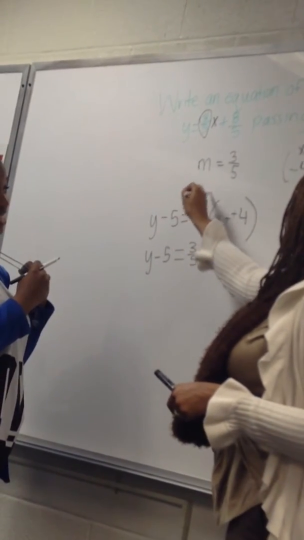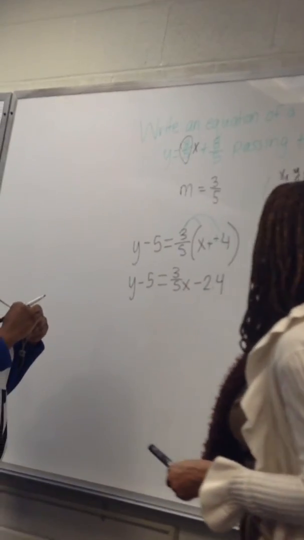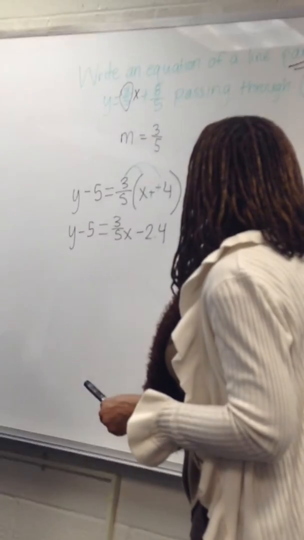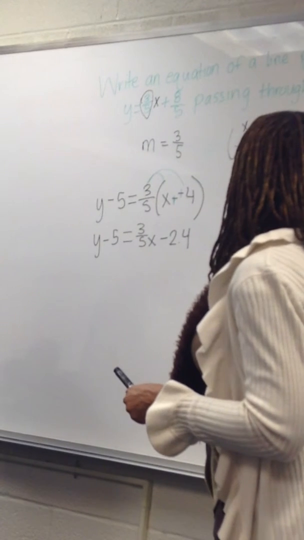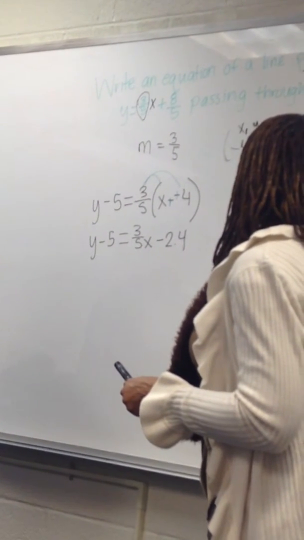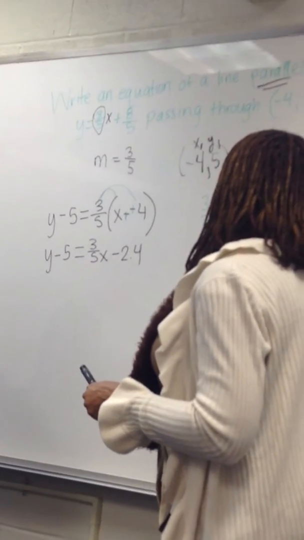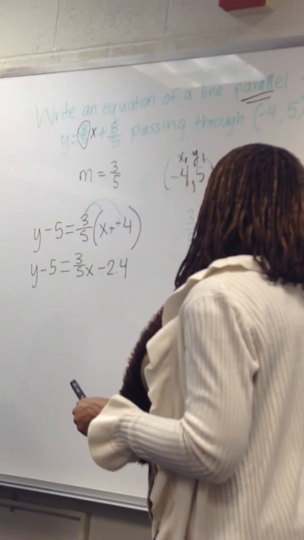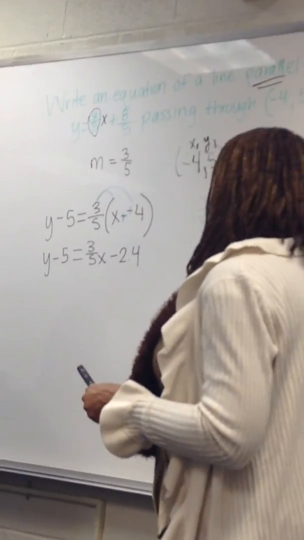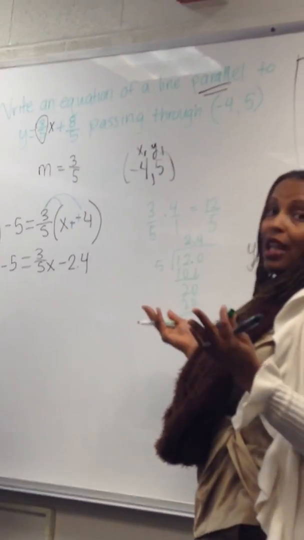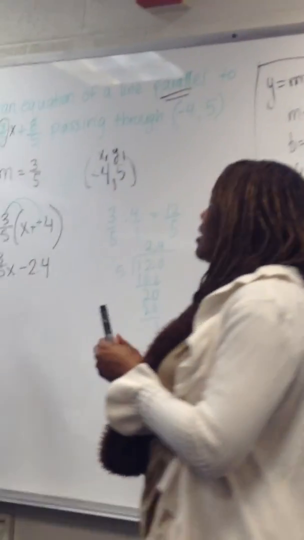So 3/5 times x gives me 3/5 x, and 3/5 times 4 gives me 12/5. 5 goes into 12 two times, bring down the 0, 5 goes into 20 four times, with the decimal point coming straight up. That's where you got 2.4. Or we can just use our calculators to do that division. But this should be a what? Positive. So let's make that a plus.